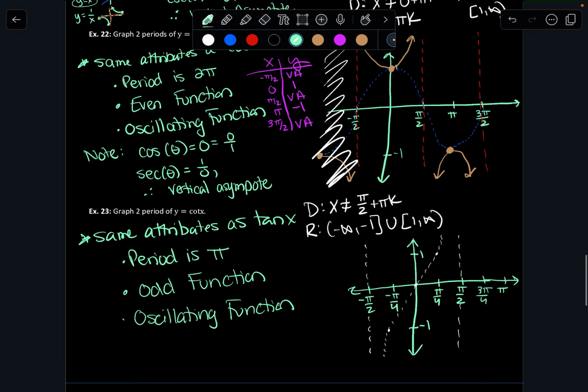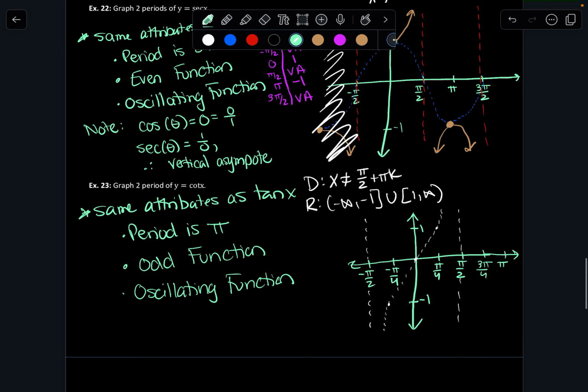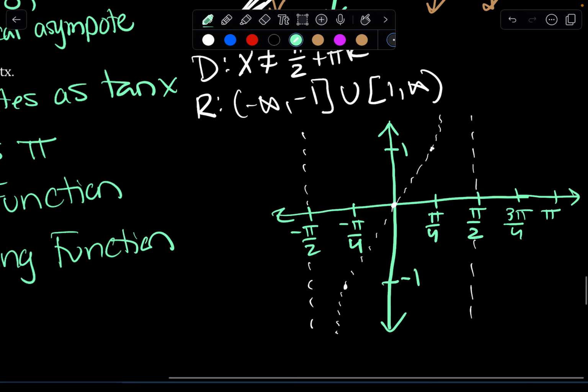And similar to secant and cosecant, whenever tangent is 0, cotangent will have a vertical asymptote. So because tangent crosses the origin, cotangent will have a vertical asymptote here.